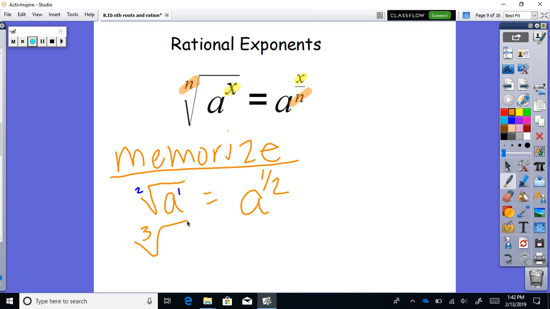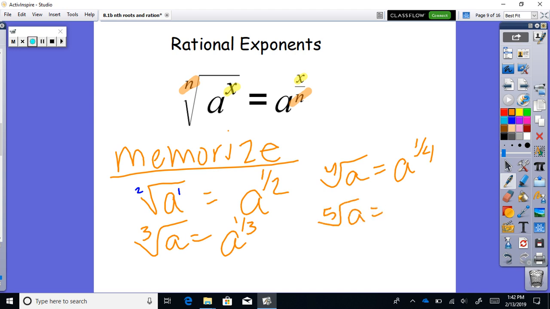Cubed root, same idea, would go the same as a to the 1/3 power. And then fourth root of a would be a to the 1/4 power, and etc. So fifth root of a would be a to the 1/5 power. These two particular ones you should be familiar with.